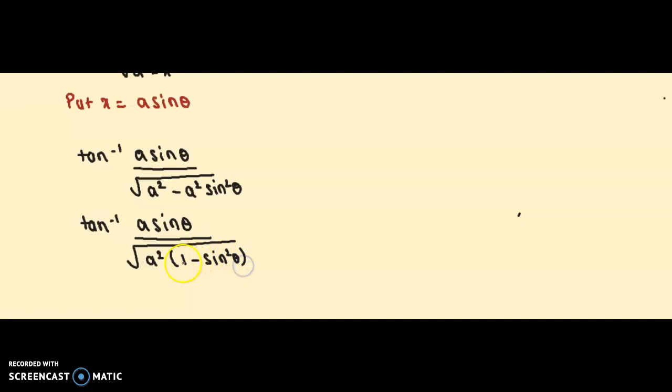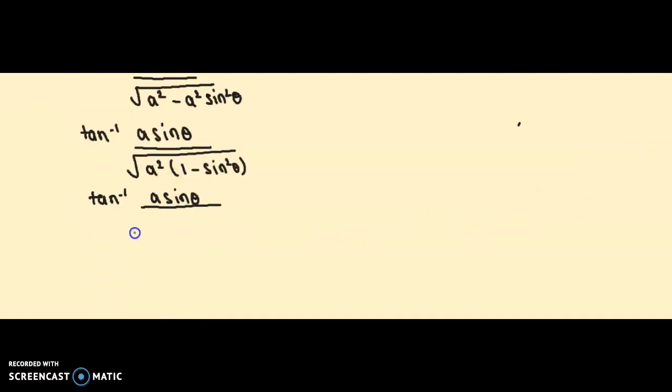Now we use a trigonometric identity: sine square theta plus cos square theta is 1.